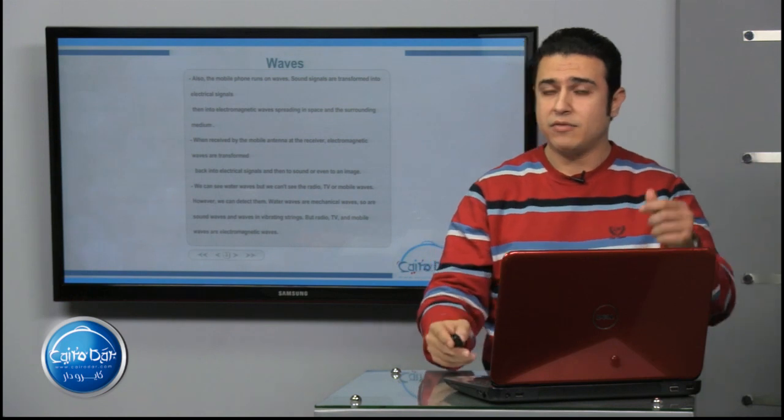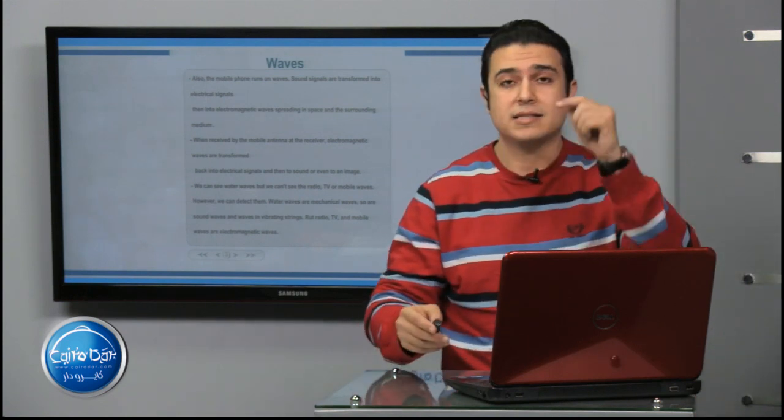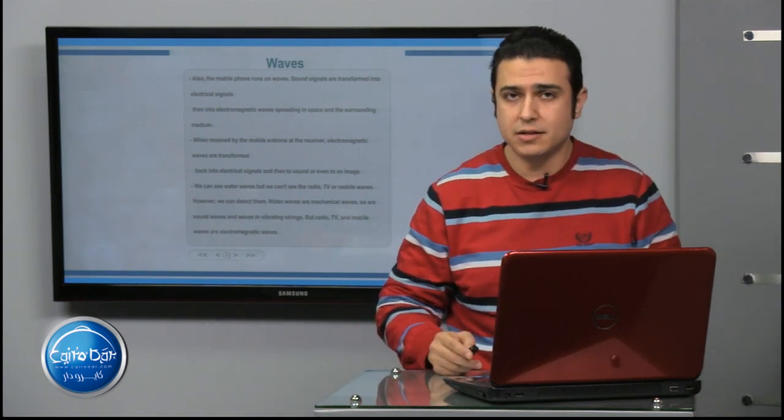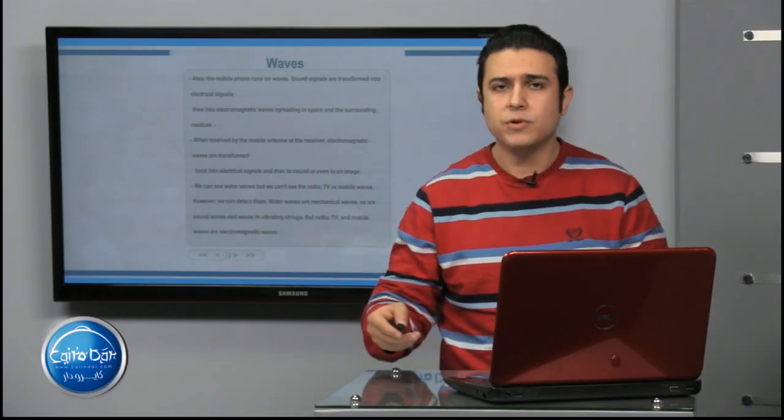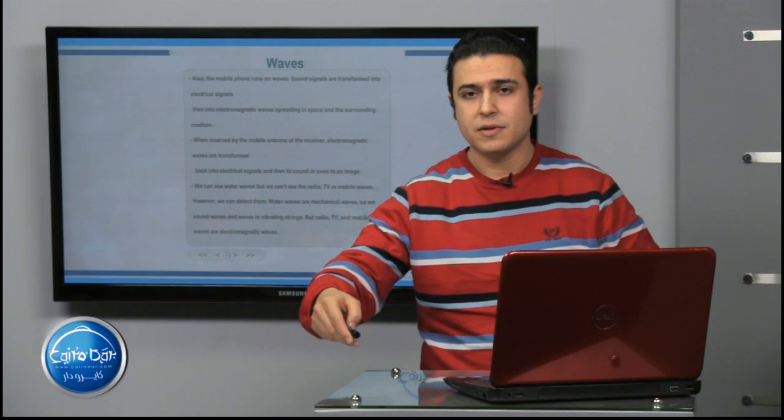So if you have a call on the mobile, the sound changes first to electric signals, then these electric signals change into electromagnetic waves. After that, these electromagnetic waves change into electric signals and into sound or image. That's for an introduction or overview for the waves.